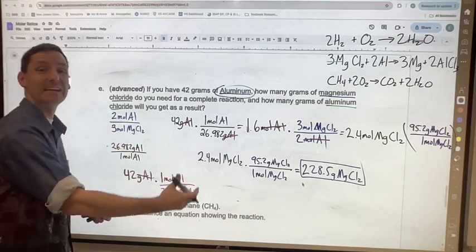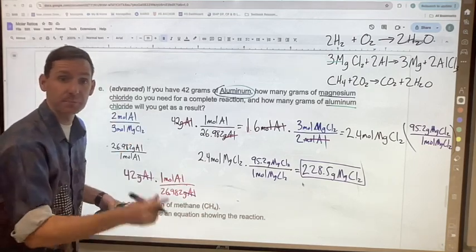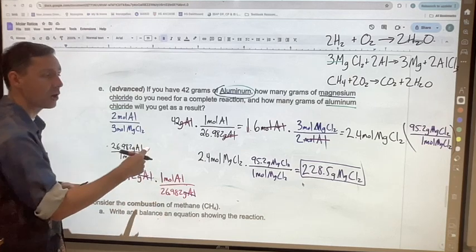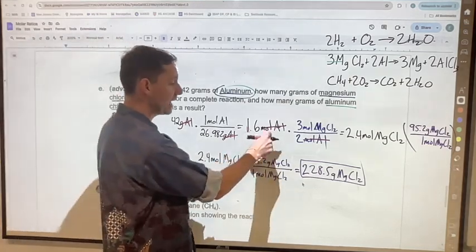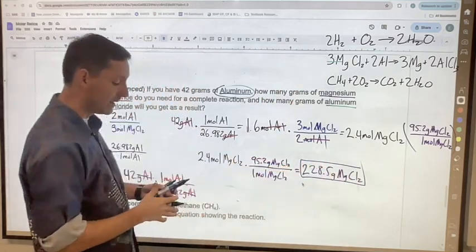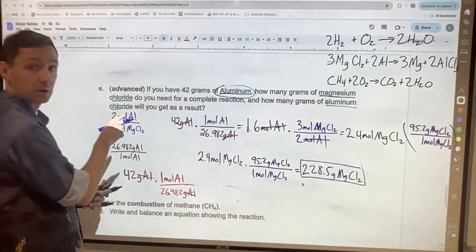Now, rather than getting the answer and then doing the next step, I'm just going to do the next conversion, because now I'm in moles of aluminum, right? We already know that the next step is going to be to change the moles of aluminum to the moles of the other substance. Now, I am going to need a new conversion factor because now I'm going from aluminum to aluminum chloride.